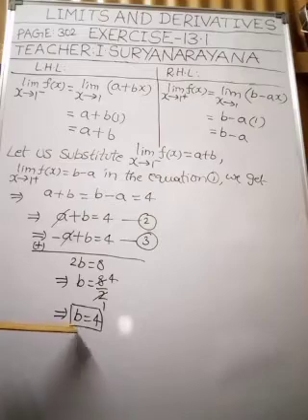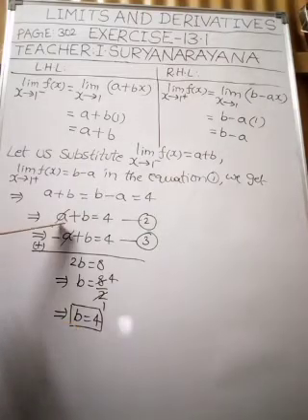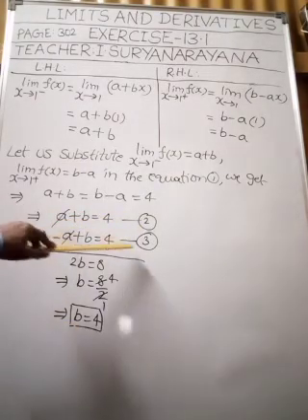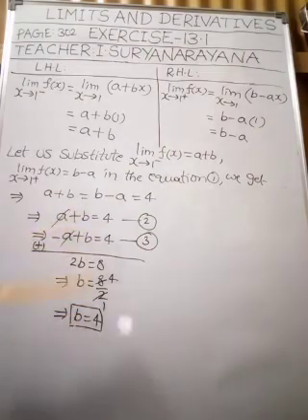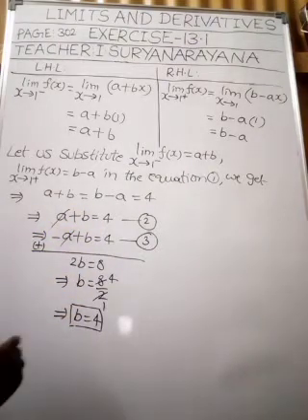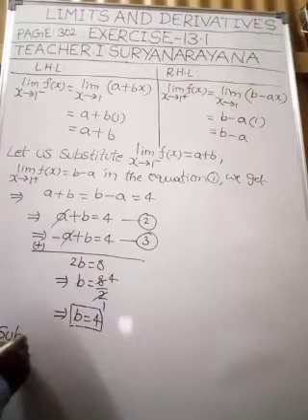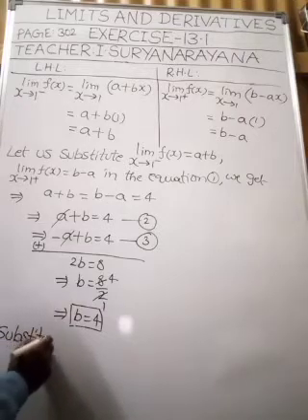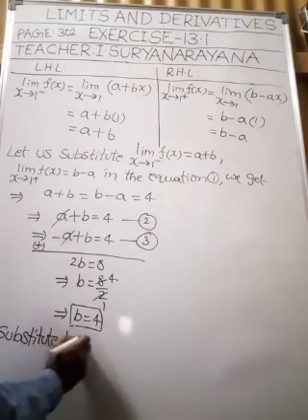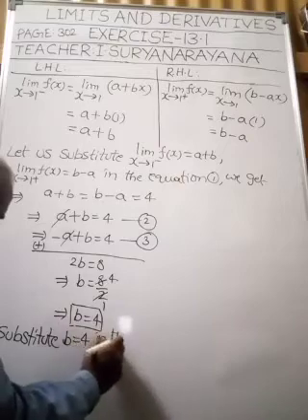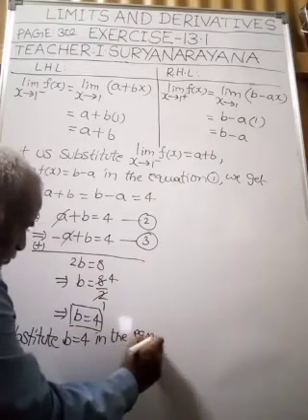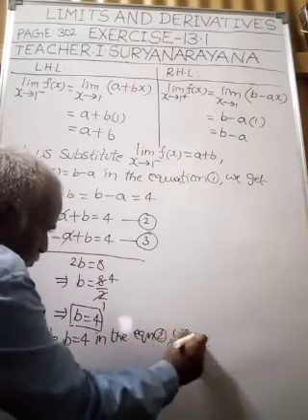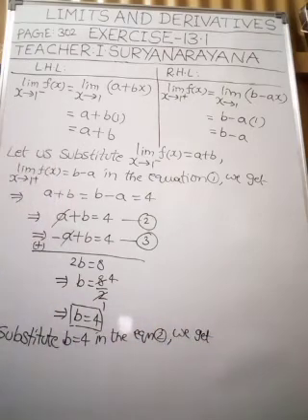Now let us substitute b is equal to 4 either in equation 2 or in equation 3. We get the value of a. Here I am substituting b is equal to 4 in this equation. Okay, my children.